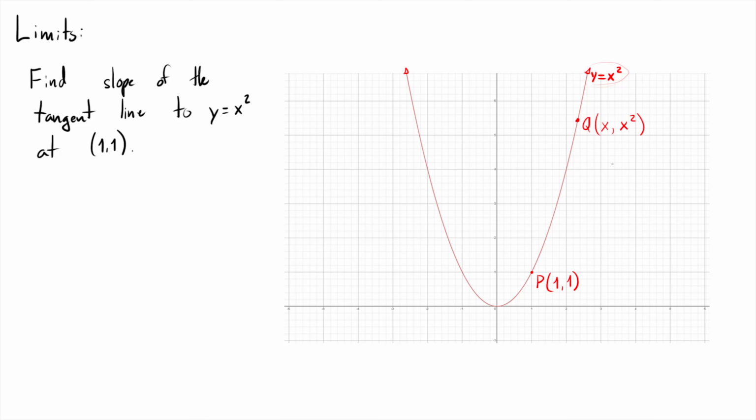Okay, so we have a point P, and we know the coordinates of it. We have a point Q, and we know how to find the coordinates of Q, but we don't know exactly what that point is.